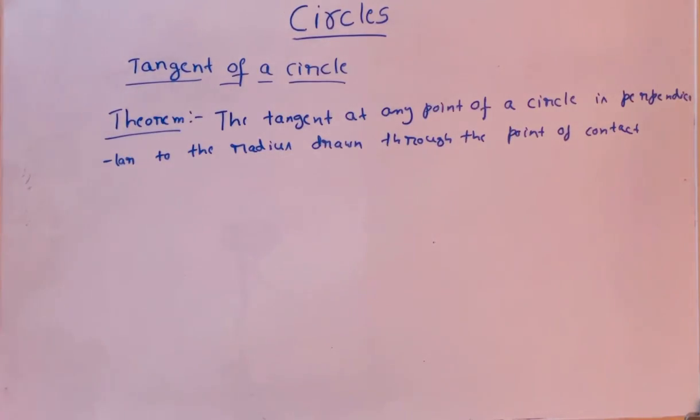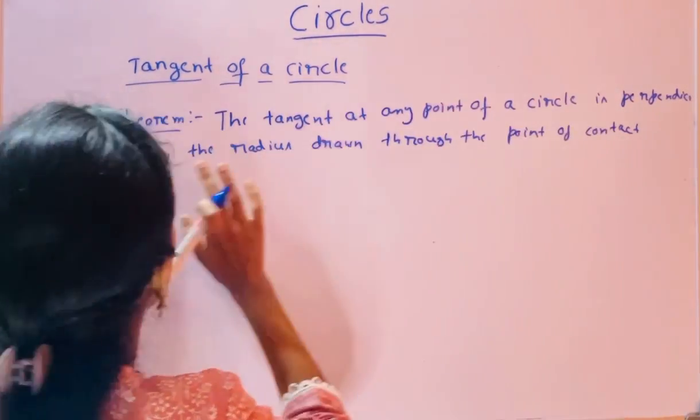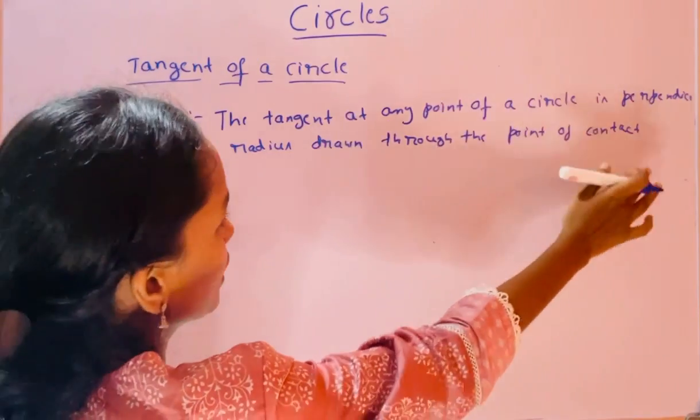Okay, what is the statement of the theorem? The tangent at any point of a circle is perpendicular to the radius drawn through the point of contact.